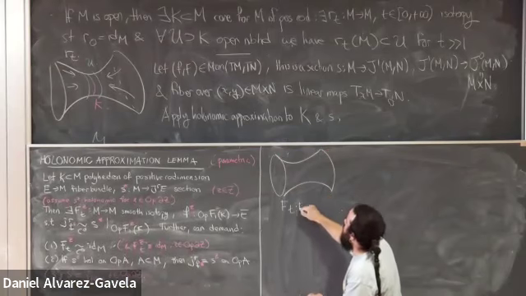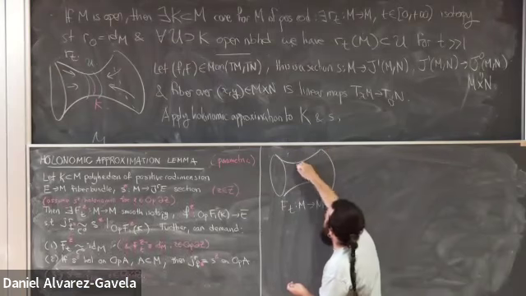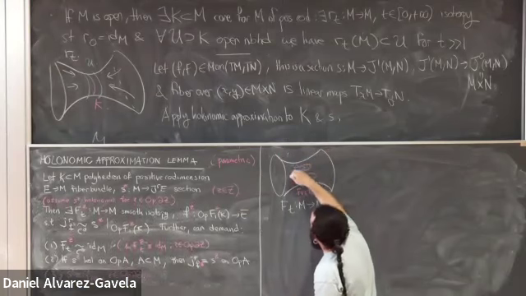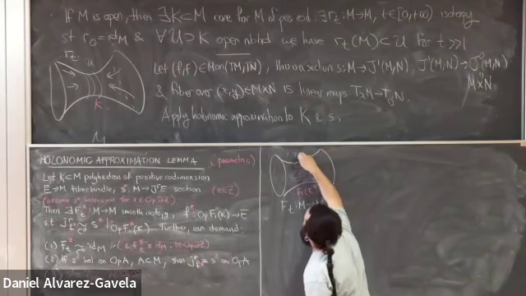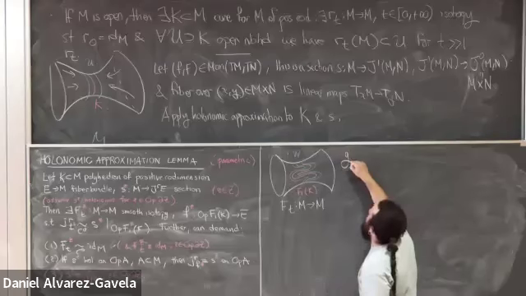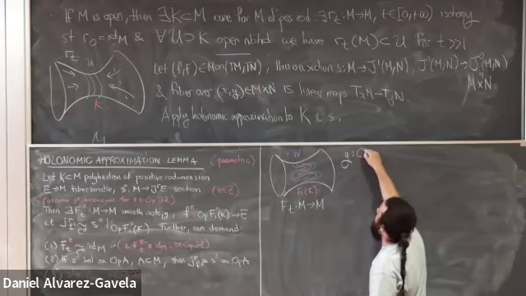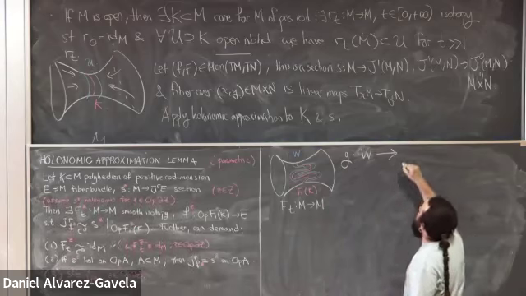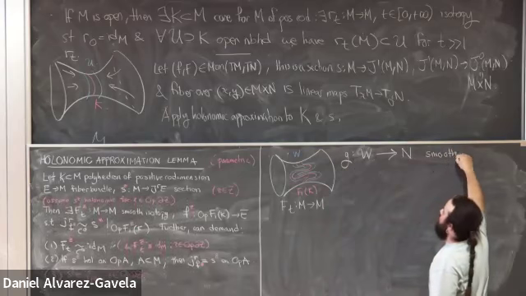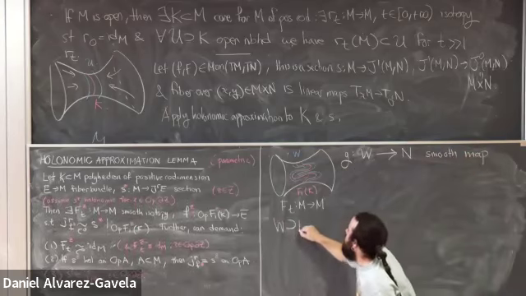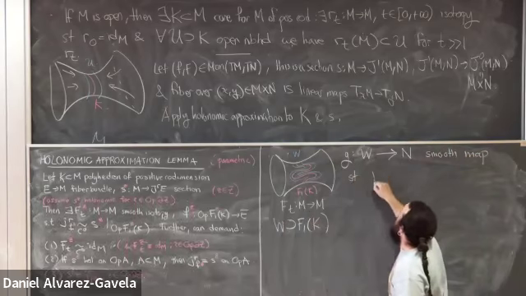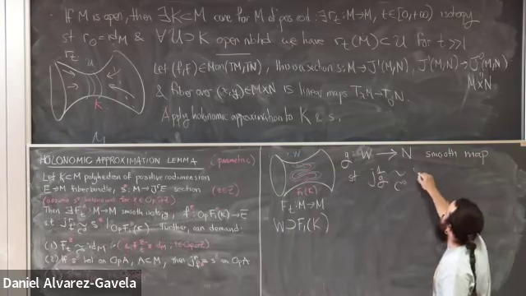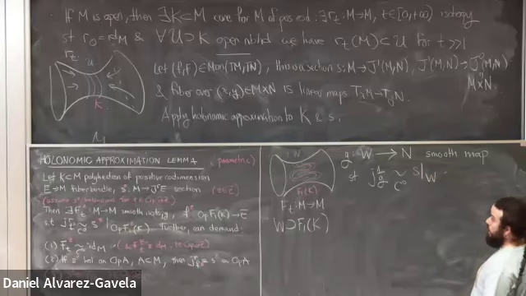I get an isotopy F_t, which wiggles K. And then on some neighborhood W, I have some holonomic section, which here is just a smooth map g from W to N, such that the one-jet of g is C0 close to S on this neighborhood. Okay.